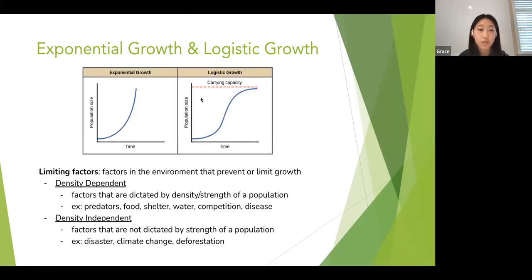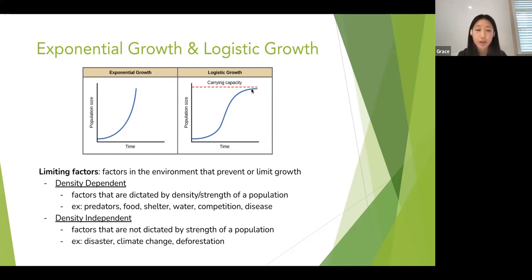So let's take a closer look at exponential growth and logistic growth. As you can see in the graph, the first one is exponential growth. You can see the population size over time keeps going up and it seems like nothing's stopping it. But at one point, the population will approach its carrying capacity, which you see in the second one, the logistic growth.